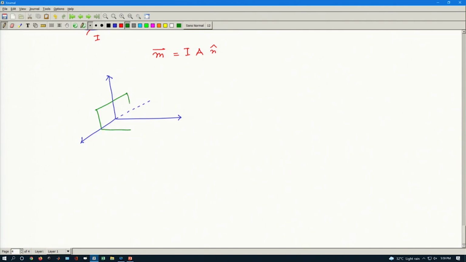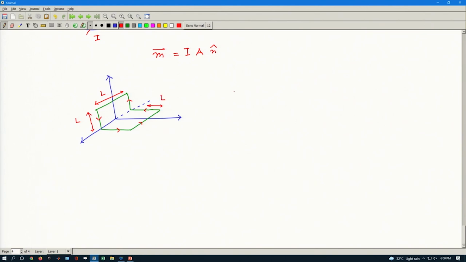It is a folded, book-like current loop, and the current is passing in this direction. From here to here, say the length is L, this length is also L, and here to here the length is also L.